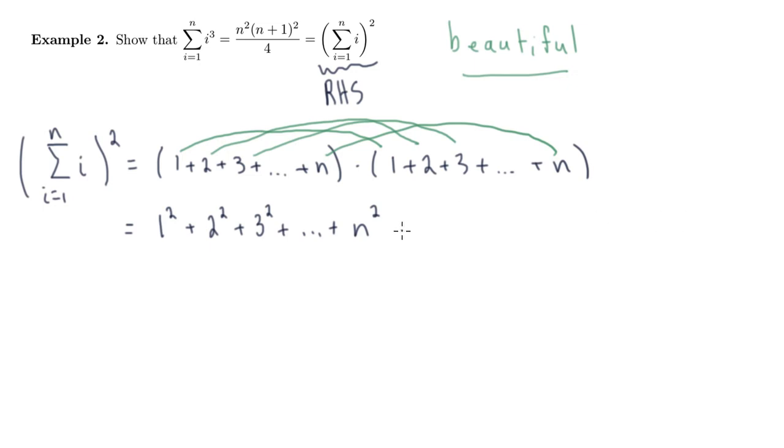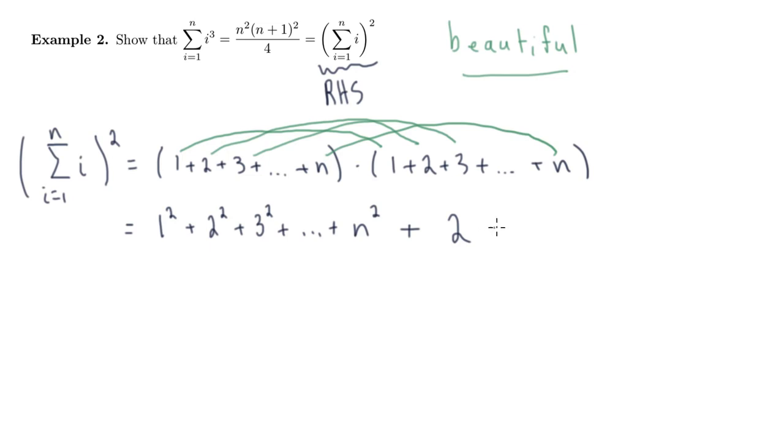And then what are we left with? What else are we adding? Well, we have all the cross terms. So 1 being multiplied by 2, 1 being multiplied by 3, etc. Okay, and so we can write this actually in sigma notation. So we're going to get 2 times, and the reason we're going to get 2 times is because think about if I multiply 1 by 2, I'm also going to be multiplying 2 by 1. So I'm getting doubles of the same terms.